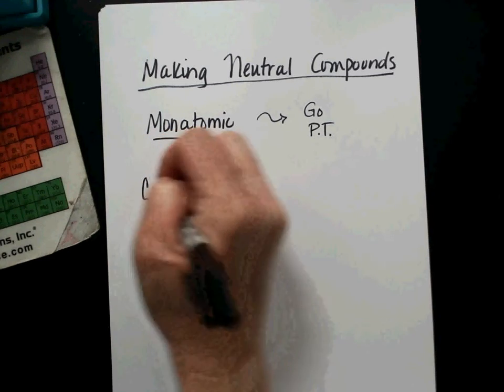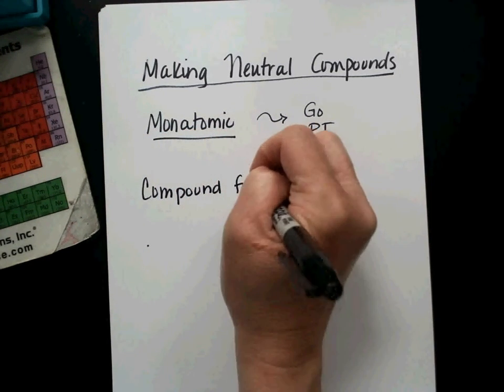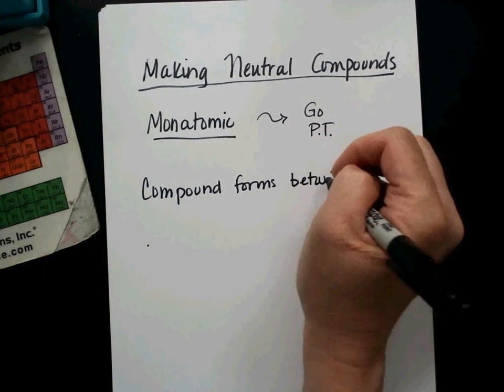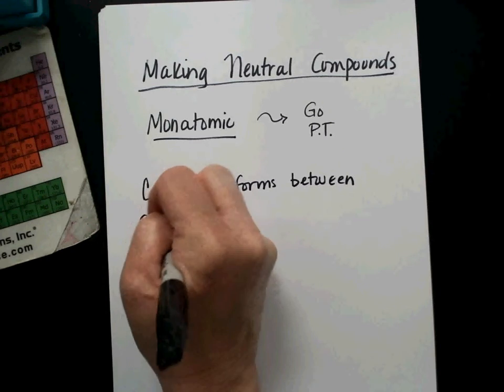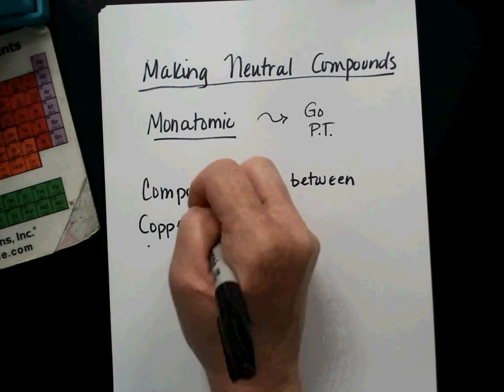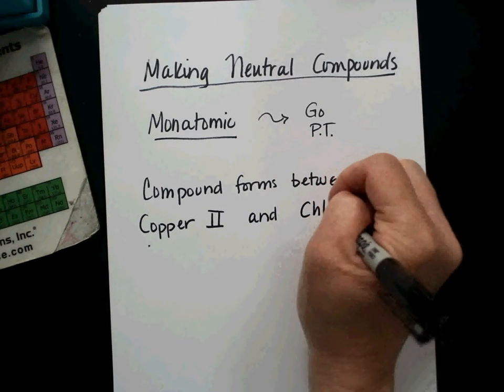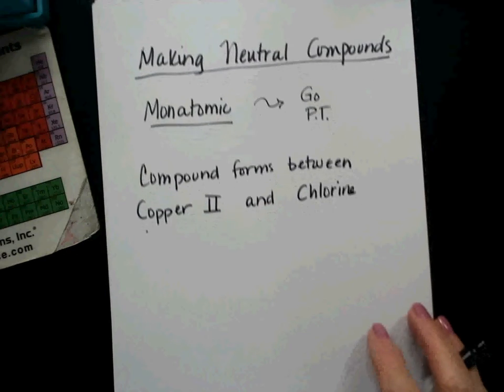Let's see. A compound forms between copper 2 and chlorine.